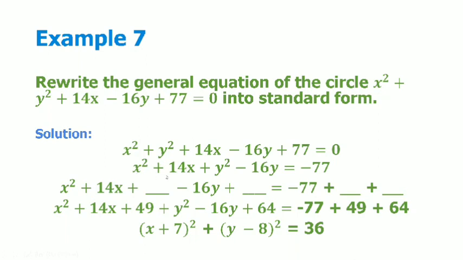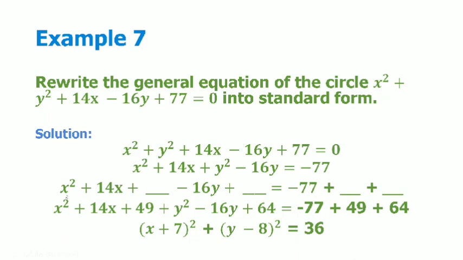So we have here x squared plus 14x, and then we have y squared minus 16y, and then transpose positive 77 to the right side of the equation, and it becomes negative 77.